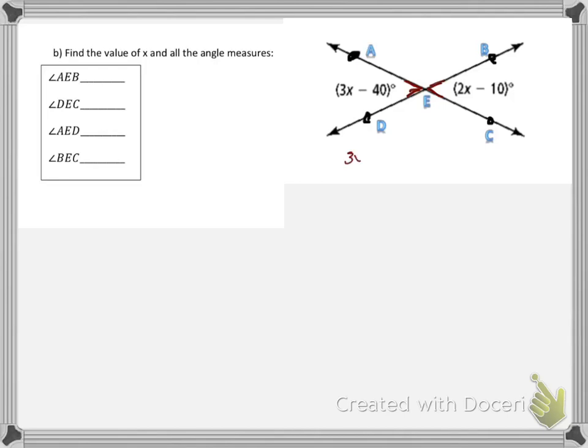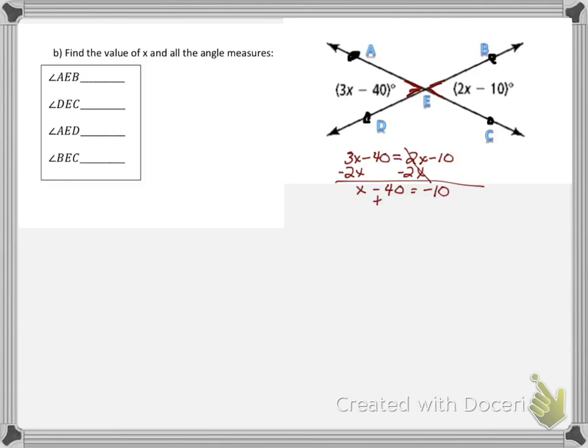So 3x minus 40 equals 2x minus 10. So we get variables on the same side by subtracting 2x. This goes away, that's what we want. 3x minus 2x is 1x, or we can just call it x. So it's x minus 40 equals negative 10.